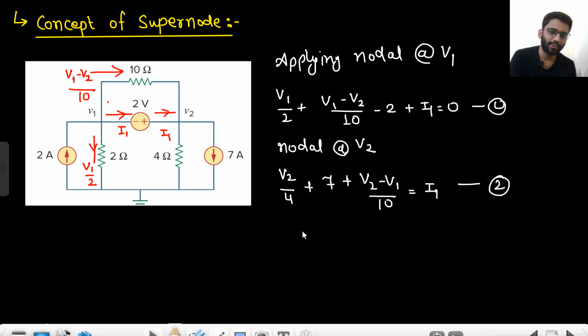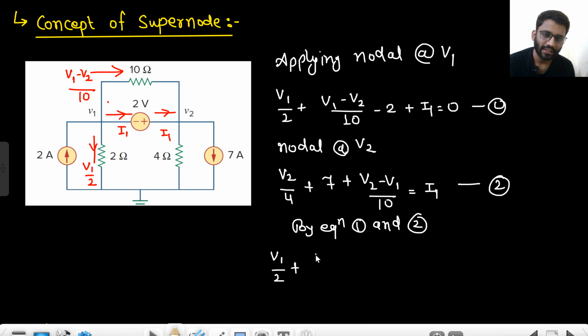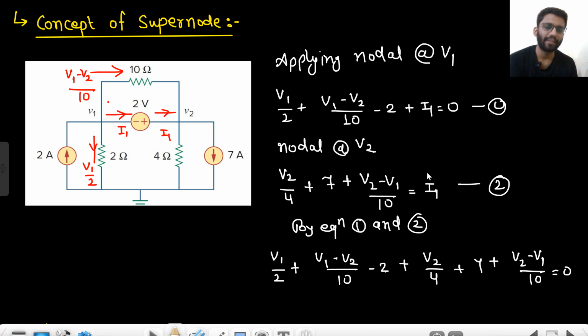Now by equation 1 and 2, what you can see? V1 by 2 plus (V1 minus V2) by 10 minus 2 plus V2 by 4 plus 7 plus (V2 minus V1) by 10 equals to 0. What did I do? I just put the value of I1 here, replacing I1. So what is happening?